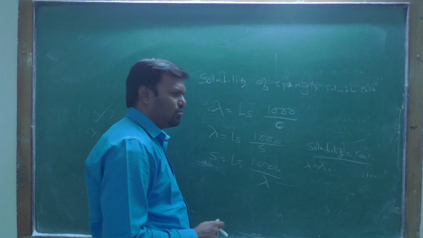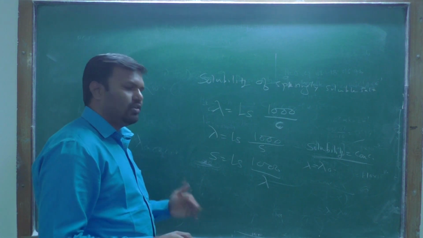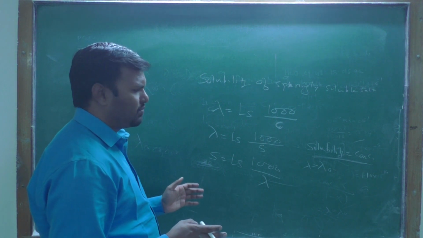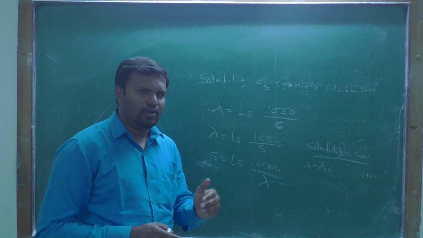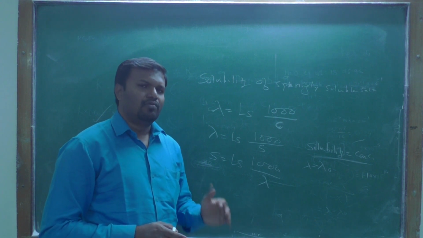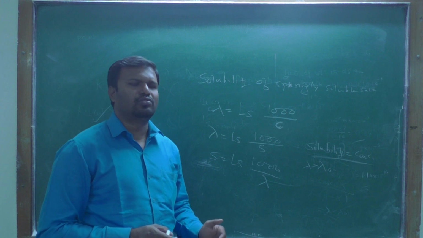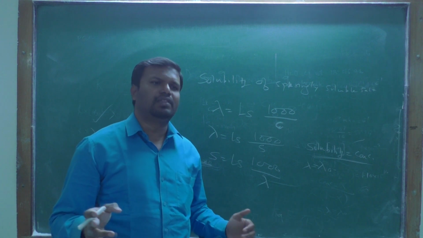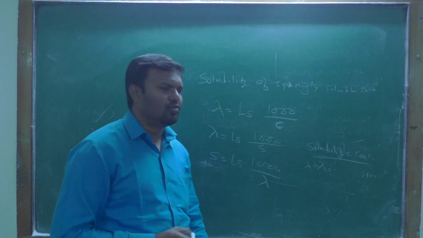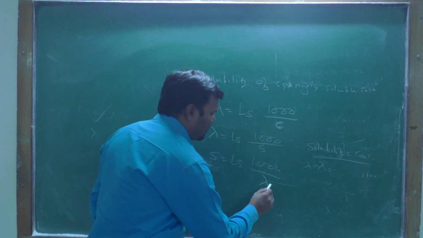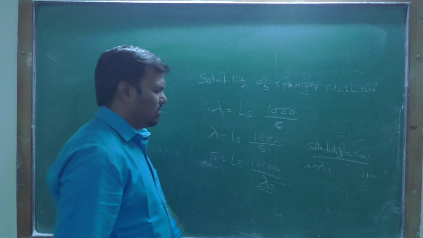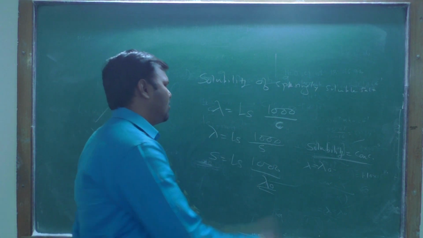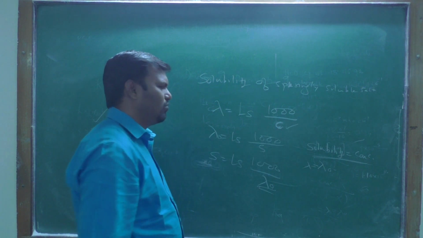The solubility of a sparingly soluble salt is very small, but when you dilute it more and more, it becomes totally soluble. At that point solubility is equal to concentration, and that gives the lambda 0 value. So at very high dilution, solubility becomes the concentration, and we replace the concentration when lambda is equal to lambda 0.